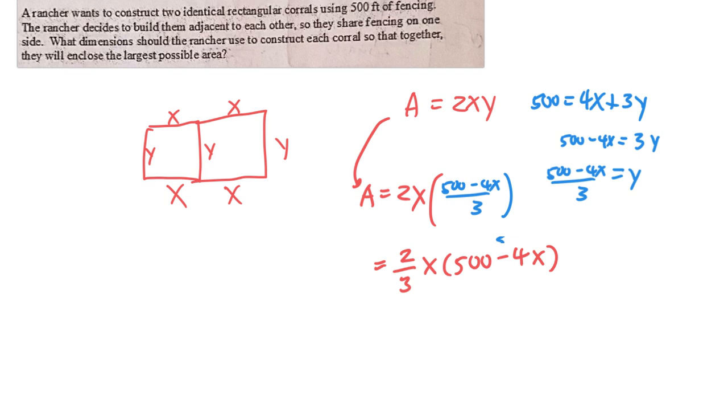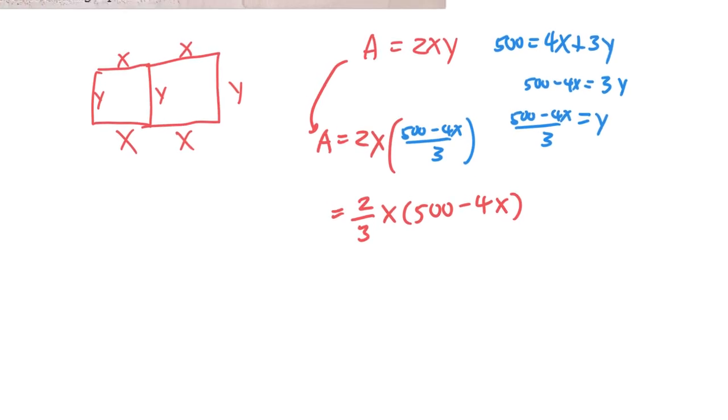I think so. It's sort of unavoidably annoying, but we are looking at 1,000 over 3x minus 8 over 3x squared. Not the most fun, but I'd rather deal with this than anything else because we could just do the power rule with all of this.